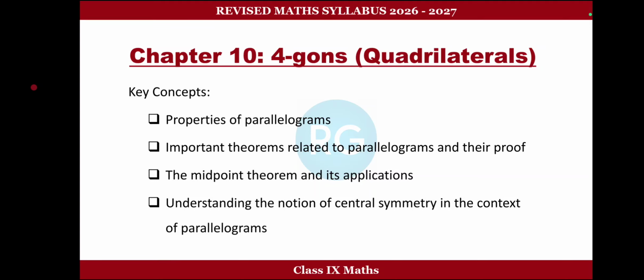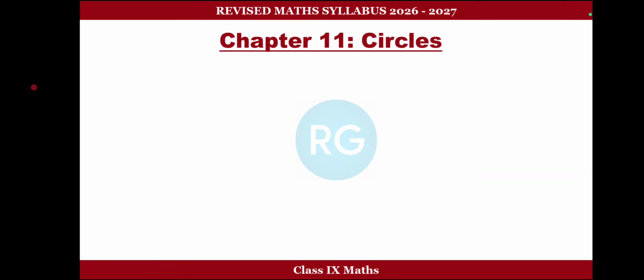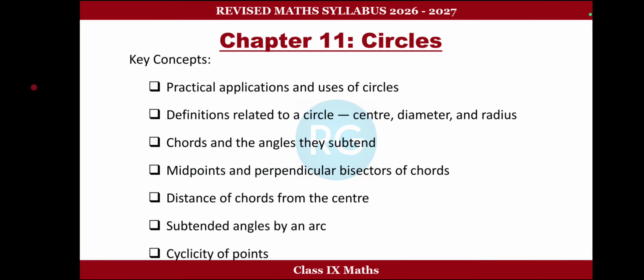Central symmetry in context with parallelograms is there. Moving on to the 11th chapter, circles, which was earlier there. All the theorems, chords, midpoint theorem, distance from the centers, angle subtended by the chord, cyclicity of points are intact, so this chapter is as it was earlier.